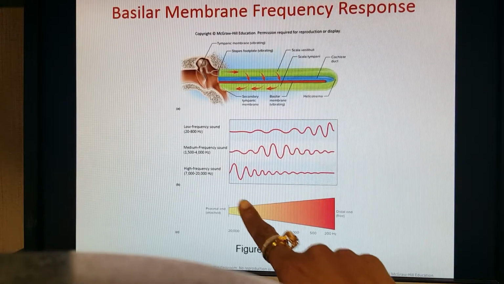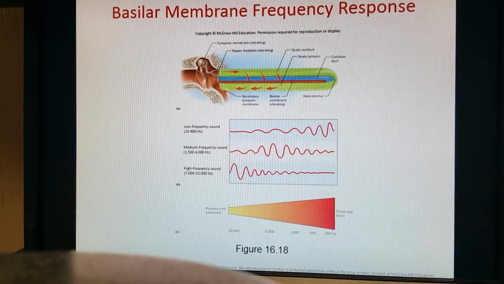These particular parts of the basilar membrane are going to vibrate hair cells right above them, telling the brain, hey, this sound is coming from the vibrations in this particular location of the basilar membrane, and therefore that is the frequency of that sound. So being able to tell the difference between a bird chirping and a lion roaring.